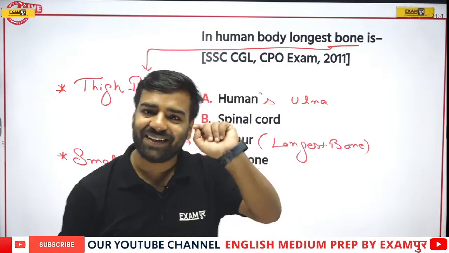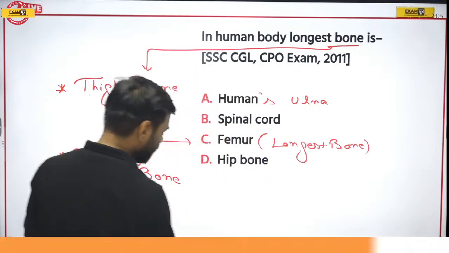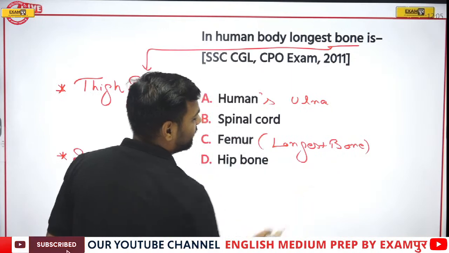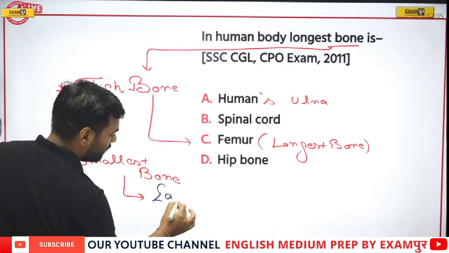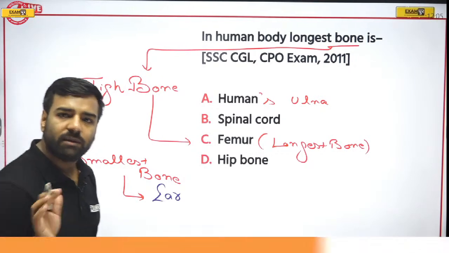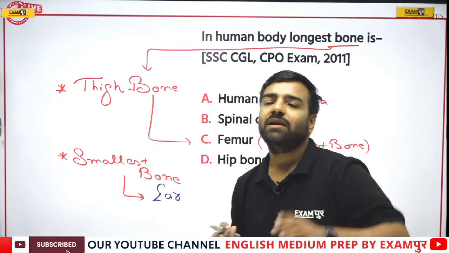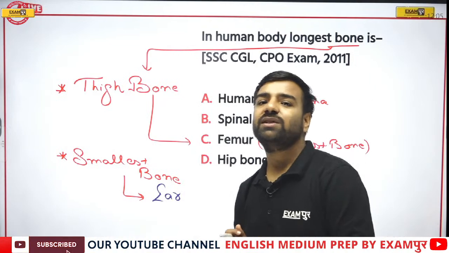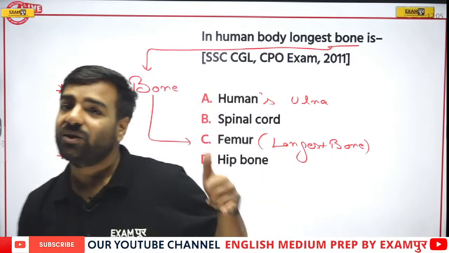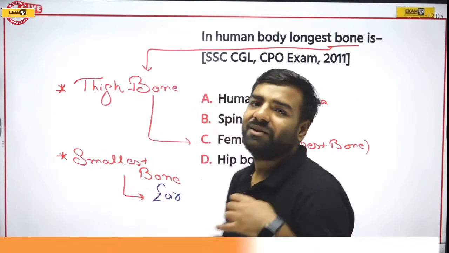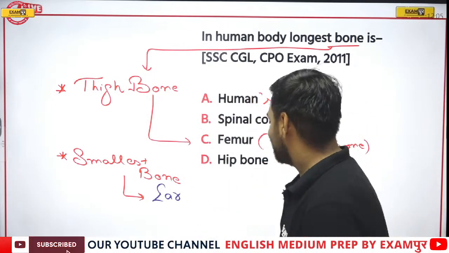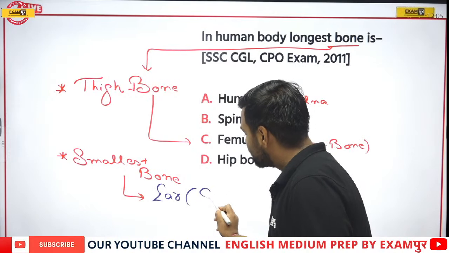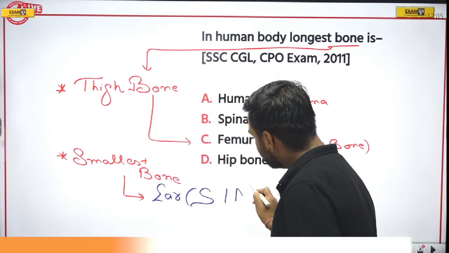What is it? Ear. So when we talk about the ear, I'm using another color for better clarity. The ear has 3 bones. You can remember it by a trick, that is SIM. The same SIM card which you use to talk with your wife, your husband, your girlfriend, your boyfriend, even your parents. So you can use this trick, SIM. Now what is this SIM?